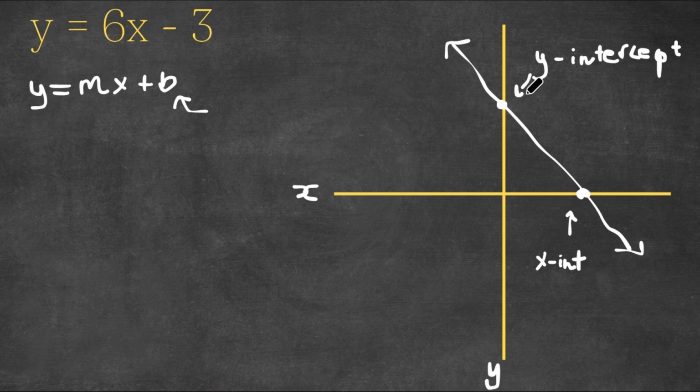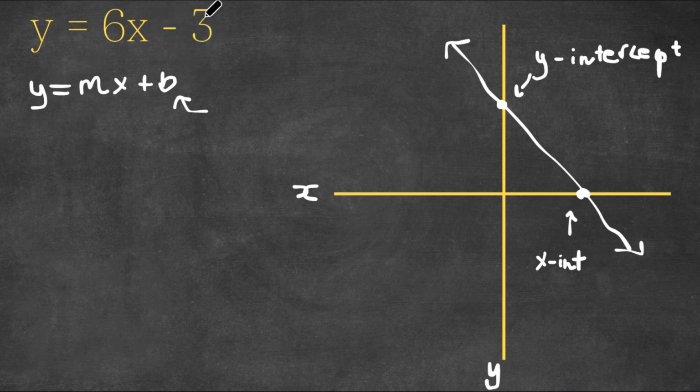Well, if you see here, for our y-intercept, what is the value of x? 0, right? And for our x-intercept, what is the value of y? 0. So as you can see, for our y-intercept, x is 0, and for our x-intercept, y is 0. Meaning, to find the x and y intercepts of an equation, we simply have to set the other one to 0.